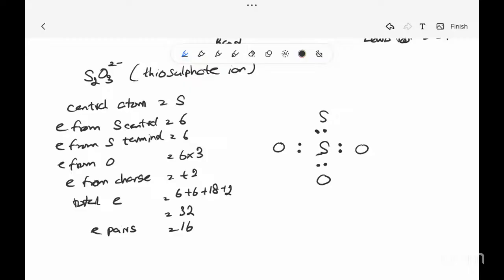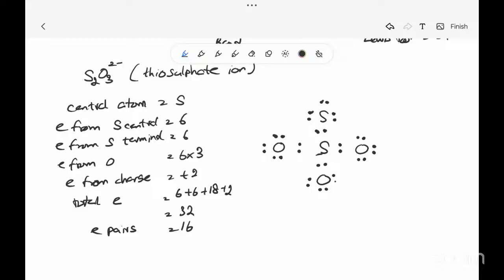Then lone pairs for the terminal atoms. We have 16 pairs. We know 12 are needed: 1, 2, 3, 4, 5, 6, 7, 8, 9, 10, 11, 12. We have already used four, so all together it should be 16.